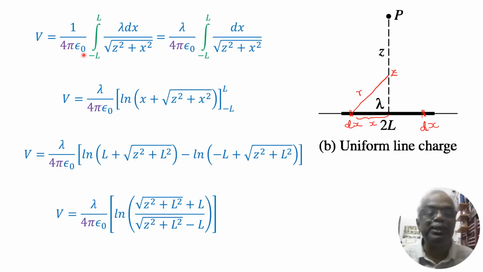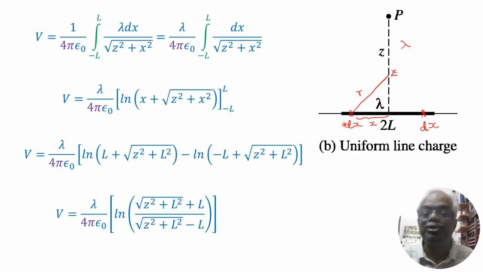Now I have replaced summation with integration. So 1 over 4 pi epsilon naught, integral between minus L and plus L. The charge at the distance dx is lambda dx, where lambda is the line charge density, divided by r.